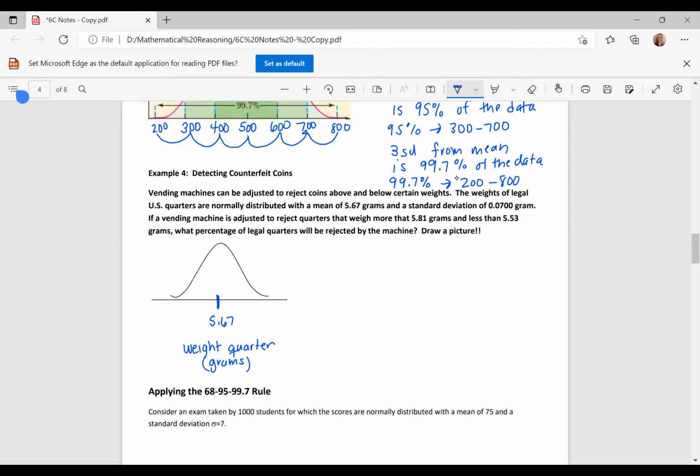Remember that we are supposed to look at what happens when we've got one standard deviation. So let's figure out what one standard deviation would be. They tell us that one standard deviation is 0.0700.